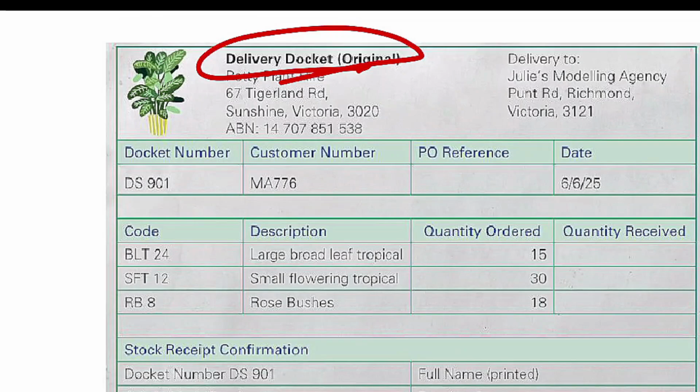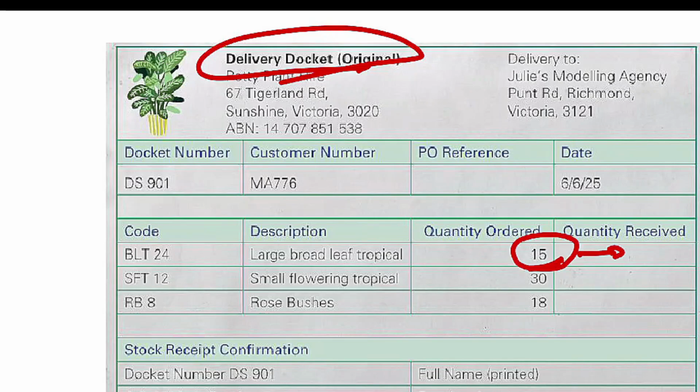Why do we need that? To cross check with what? You can cross check it with the invoice. Why? Because, for example, they are sending large broadleaf tropical.